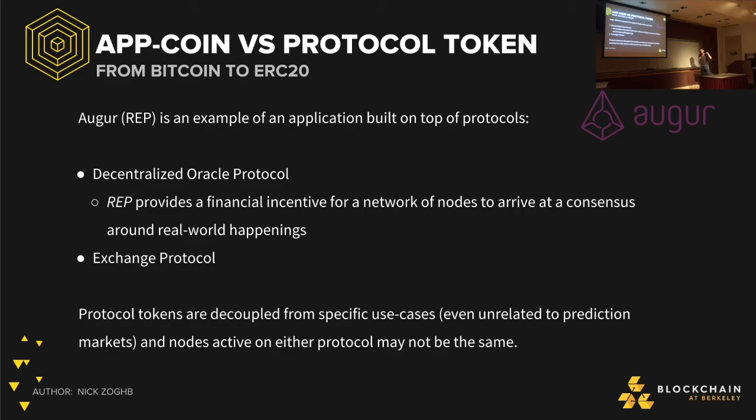What's an example of something that is not on the protocol layer? So something that is not on the protocol layer would be a security-like token, right? A security-like token just represents equity in a company. Or even less than that, represents ownership of the token and not equity in the company, right?